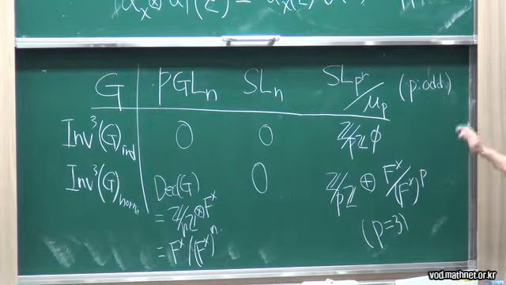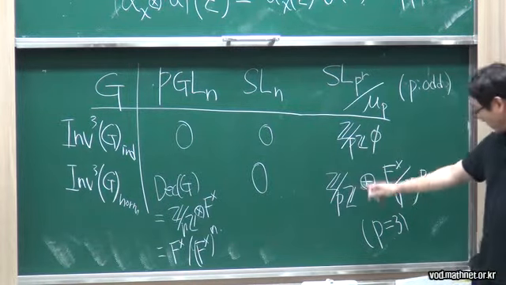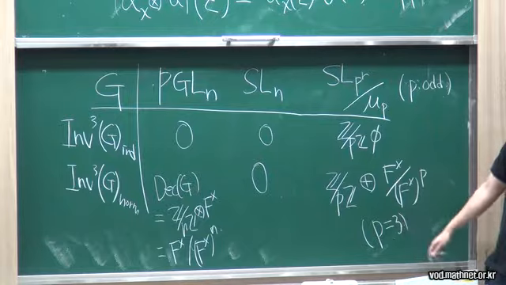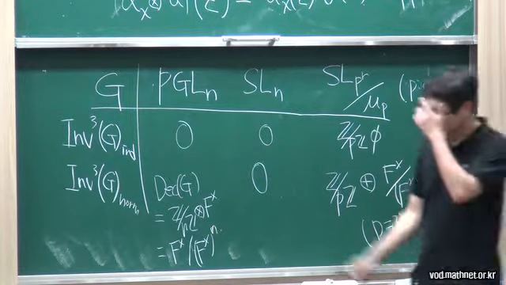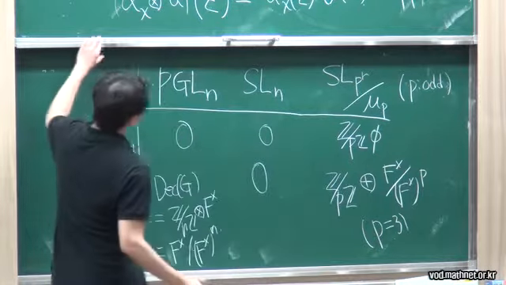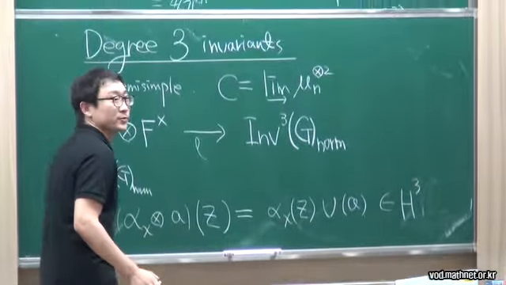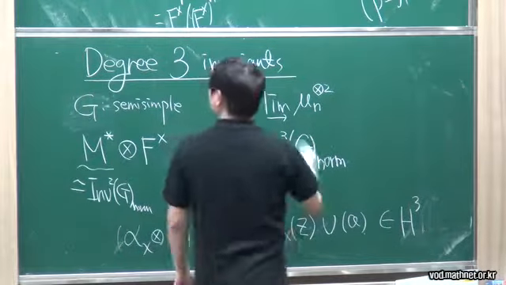And in general, we don't know if such a sequence splits, but for p equal 3, we know it splits, so we can recover the normalized invariance out of decomposable and indecomposable invariance.